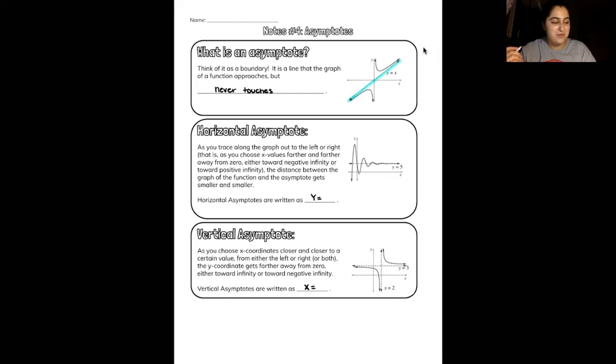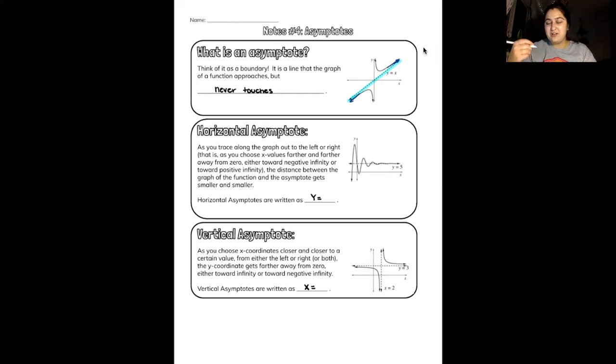And so you'll look at this function and you'll see that we get really, really close to touching the asymptote right here and right here. But what's really cool is that we're not actually touching it.